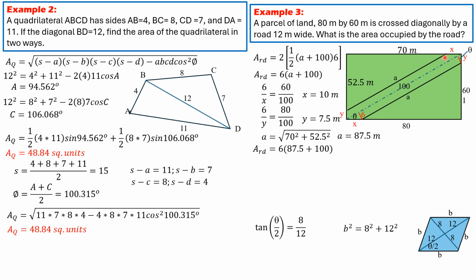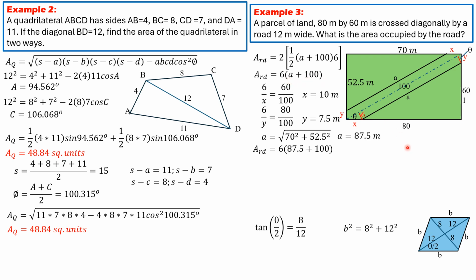Take note that 100 is the square root of 80 square plus 60 square. It's very obvious, 80, 60, so 100. So the area occupied by the road is 6 times the quantity A plus 100.